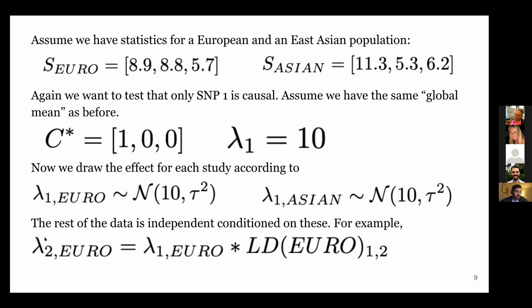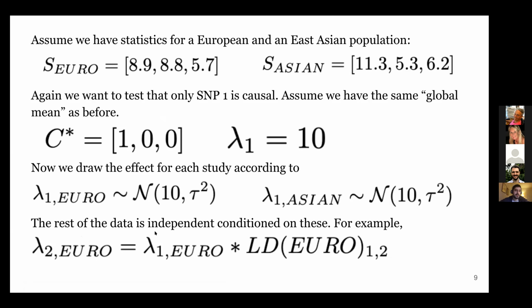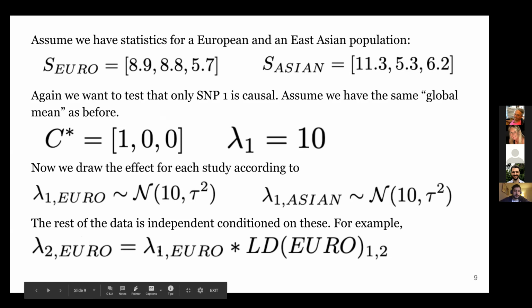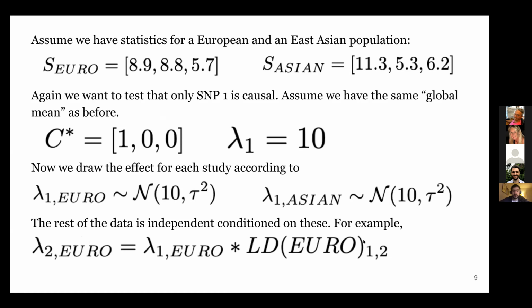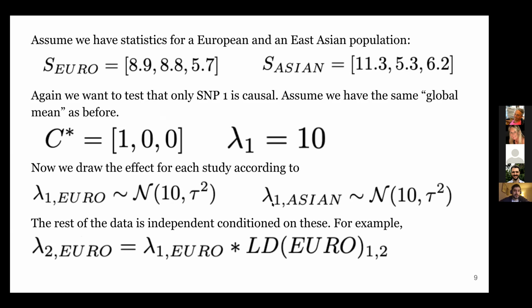So for example, the effect size of a non-causal SNP, SNP2, in the European population is the effect size of SNP1 in the European population times the LD in the European population of SNPs 1 and 2. So this is basically how we're able to take into account both the heterogeneity in the SNP effect size and the different LD patterns in each individual study.